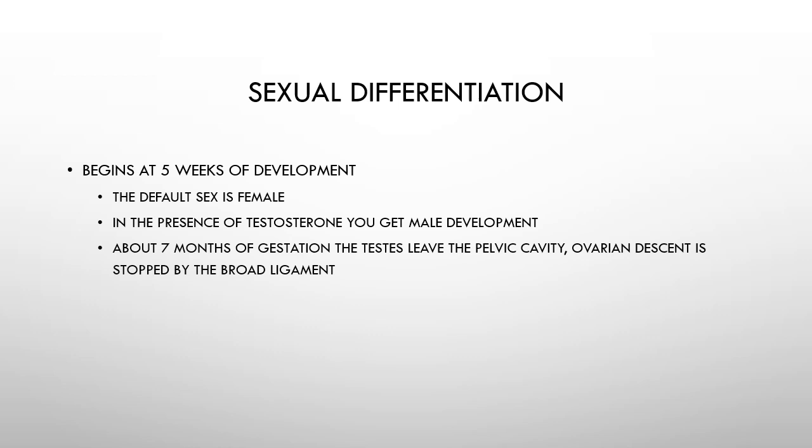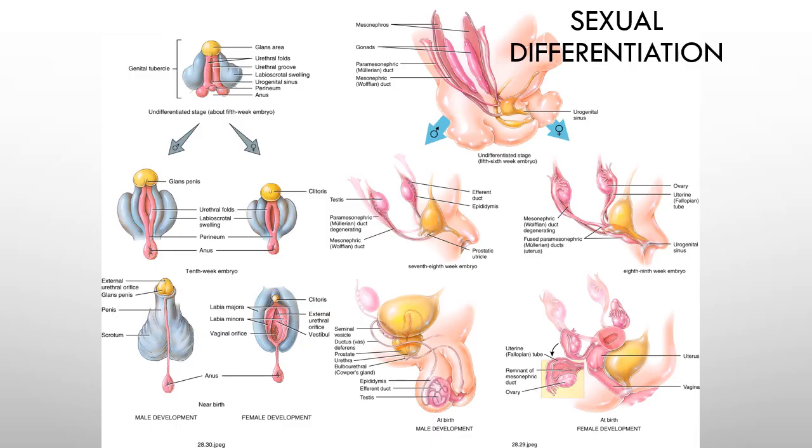Through that differentiation point, in terms of the development of the reproductive organs themselves, it does take quite some time for the overall differentiation to finish. And so sexual differentiation itself goes along. And here we can see by the 10th week, externally, the genitalia still relatively look the same.